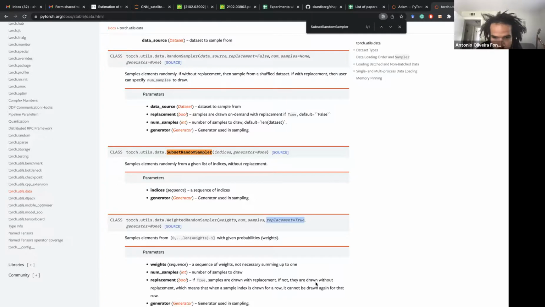If not, they're drawn without replacement, which means that when a sample index is drawn for a row, it cannot be drawn again for that row. Yeah, that's correct. But here it's without replacement. So in theory, you could select the same sample twice.